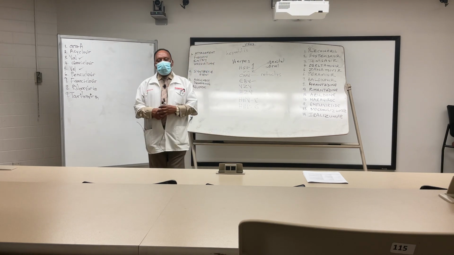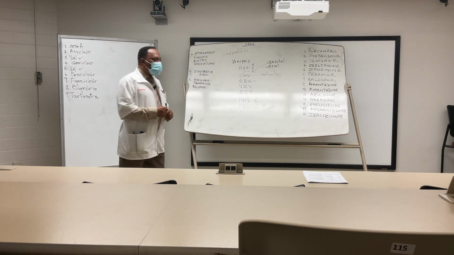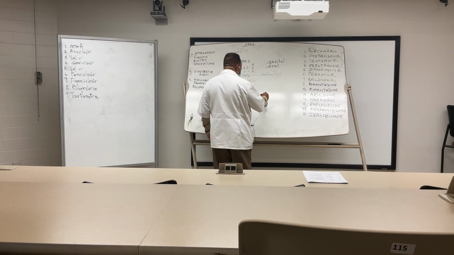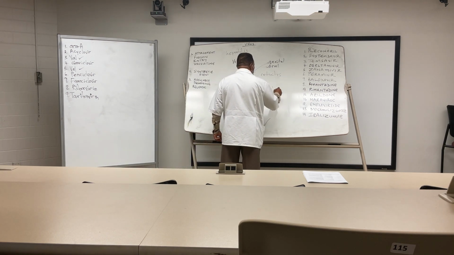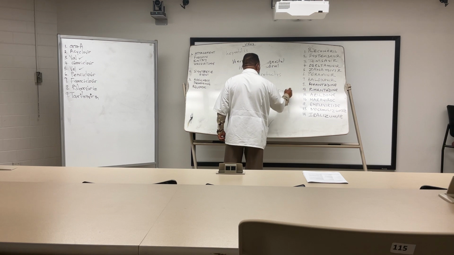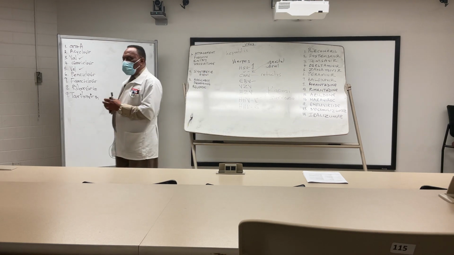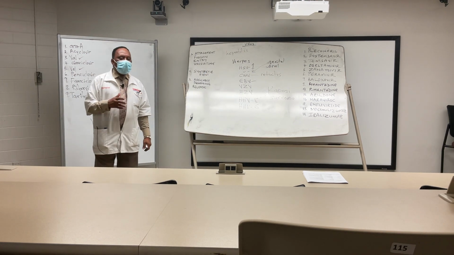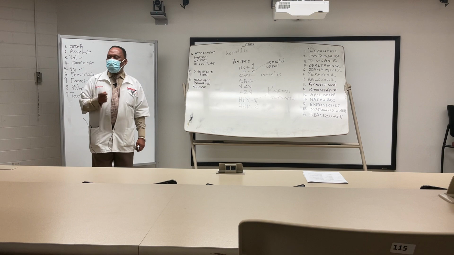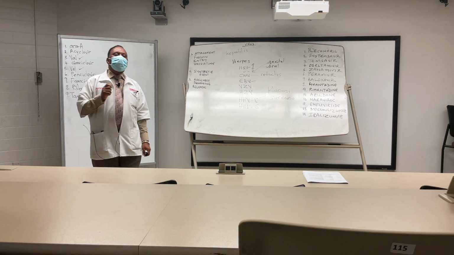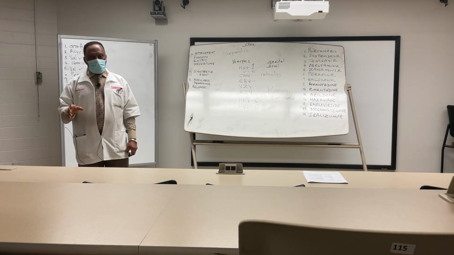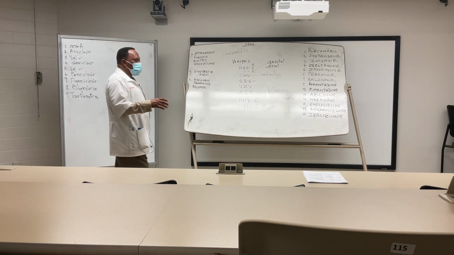Human herpes virus 8, that's the causative agent of Kaposi sarcoma. And that is a type of skin cancer that you see in AIDS patients. In fact, it is one of the lesions that you can use to diagnose AIDS.